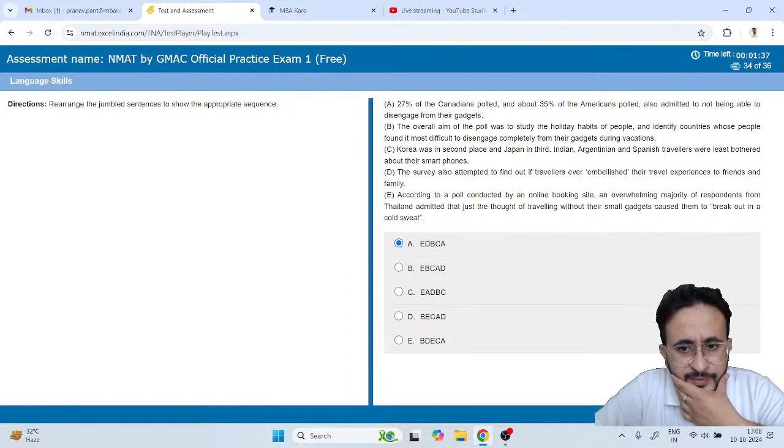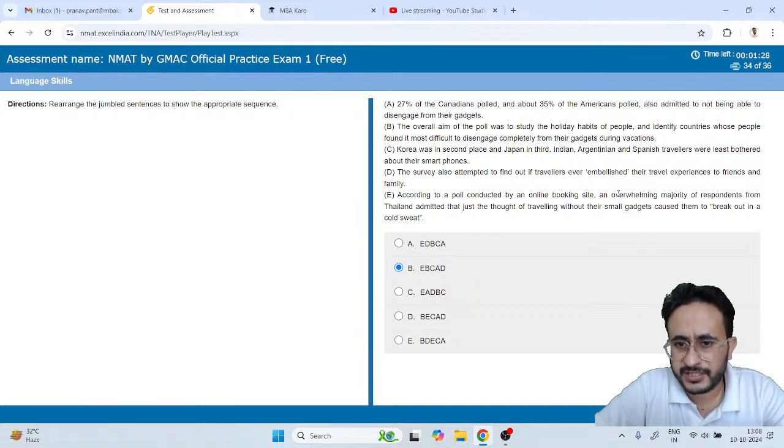Let's see, EDBCA. ED survey also attempted to find out. So EBCAD I will go with. Poll conducted this Thailand, then Korea. Overall aim was this, and then Korea was second place, Japan in third.